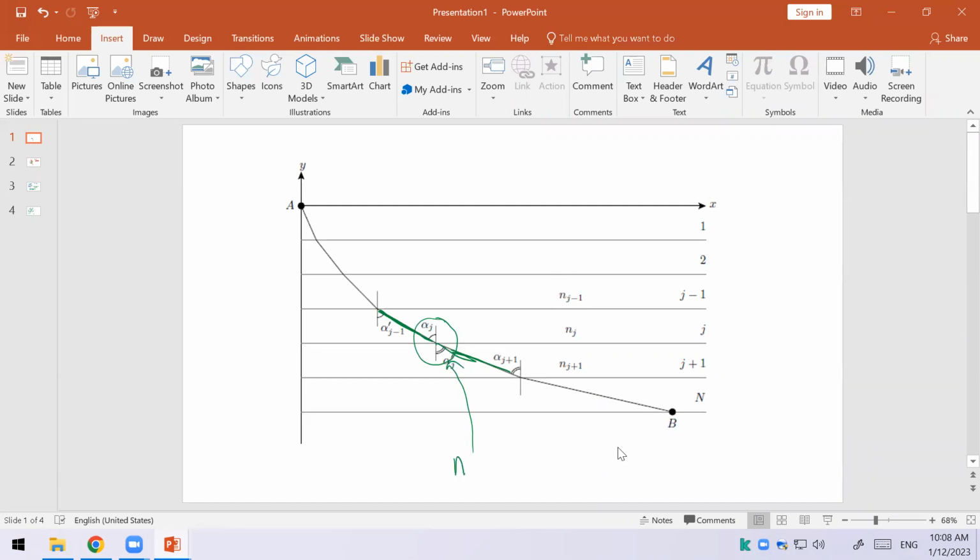That is n_j sine alpha_j equals n_(j+1) sine alpha_(j+1). And then when the light arrives at the next interface, you apply Snell's law again. But I think you don't really have problems accepting this.